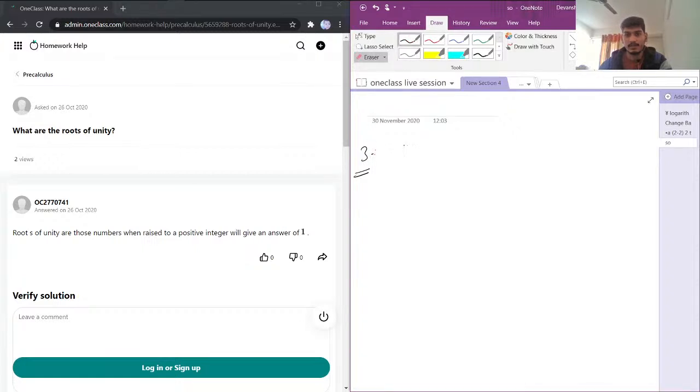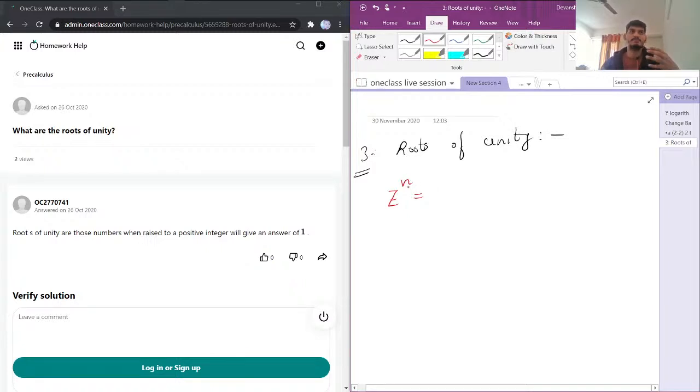So suppose I have a number, and if I raise that number to the nth power, then n is basically my nth root. For the nth root I'm writing this n.